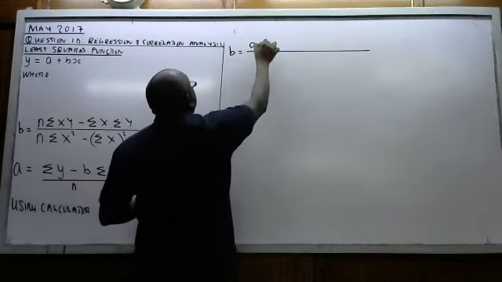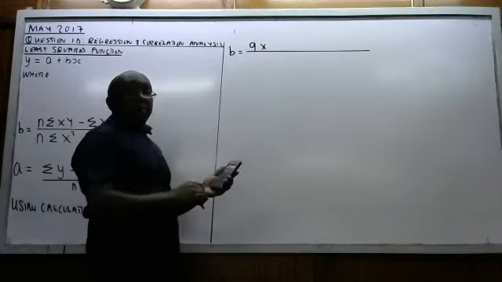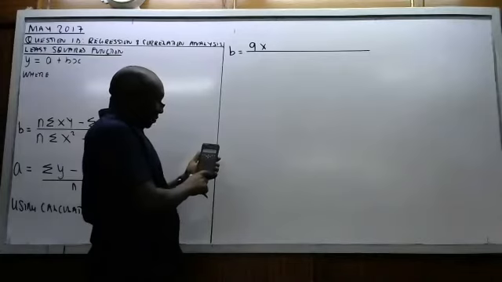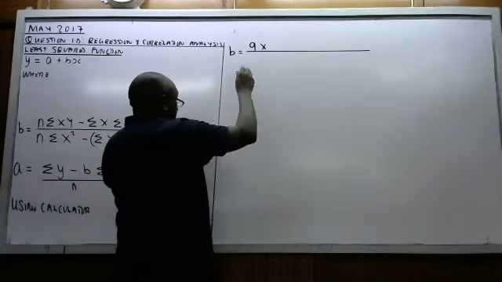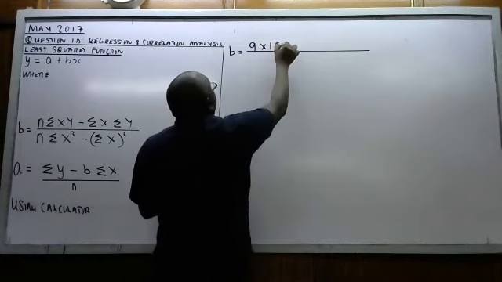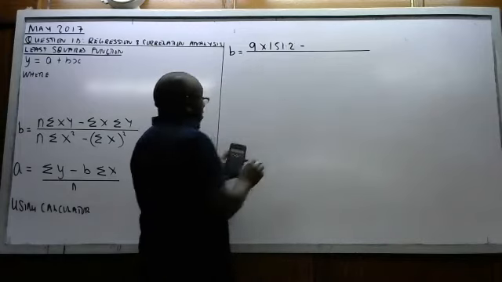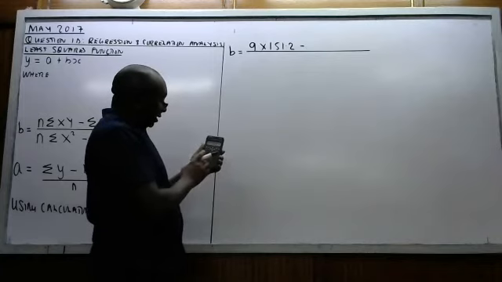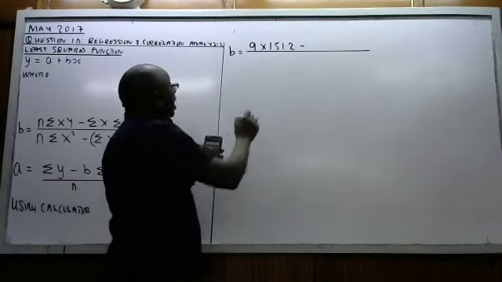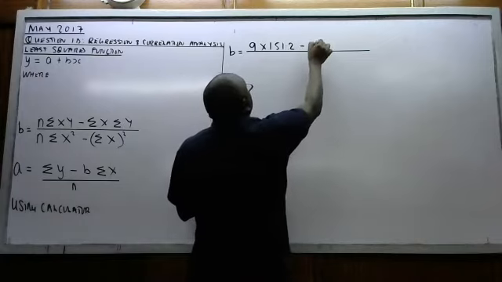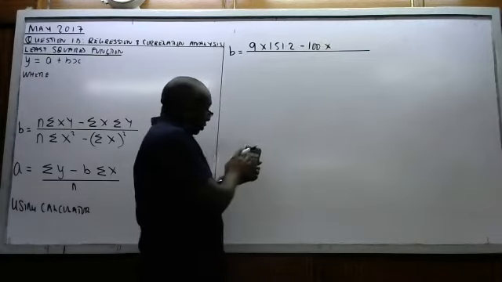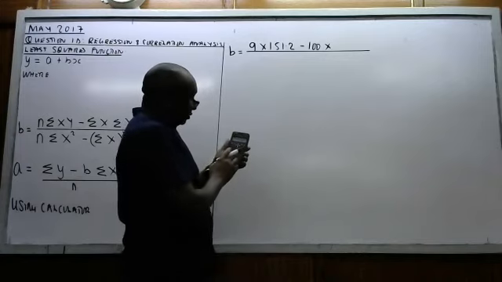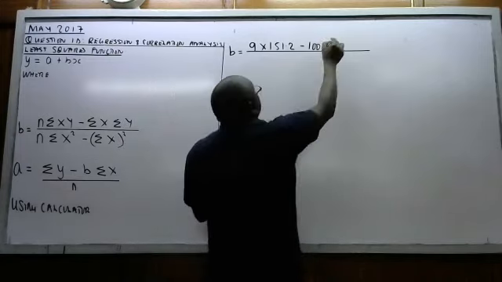So 9 times sum of xy. I move forward, I give it number 3. Press equals, 151.2. Then shift button number 1, sum of x is 2, equals 100, times shift button number 1, sum of y is 2, equals 11.1.